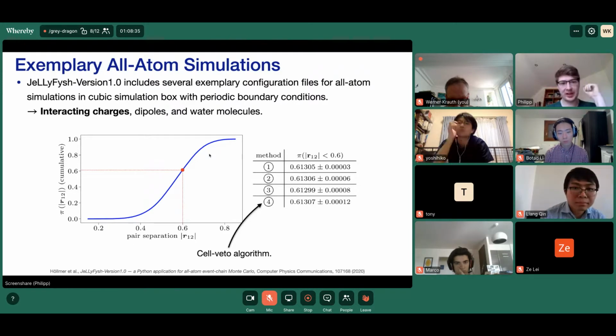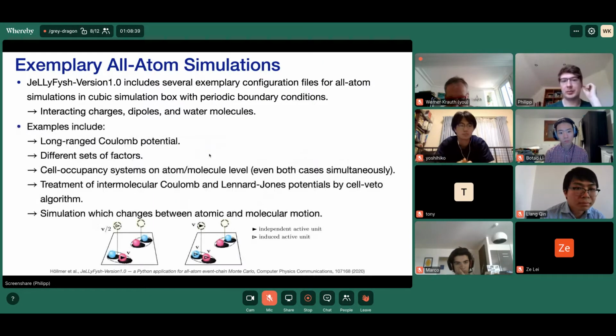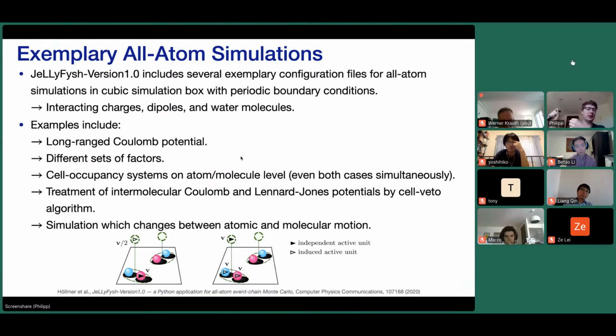This is just the interacting charges case, and we do basically the same for the dipoles and the water molecules. Just to highlight it, our examples all include the long-range Coulomb potential, which is often the bottleneck of these all-atom simulations. The simulations treat different sets of factors. Sometimes it's just straightforward two-atom factors. Sometimes it's factors between two molecules, which involve quite complicated lifting schemes.